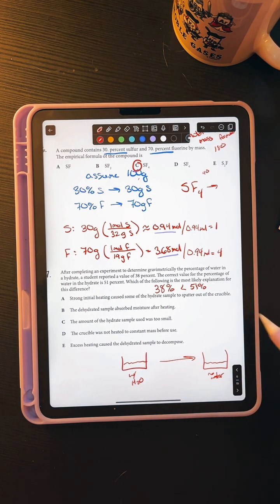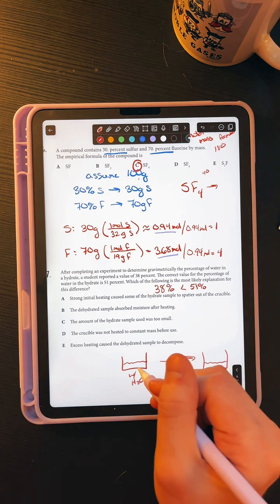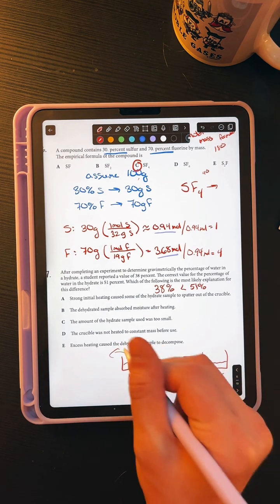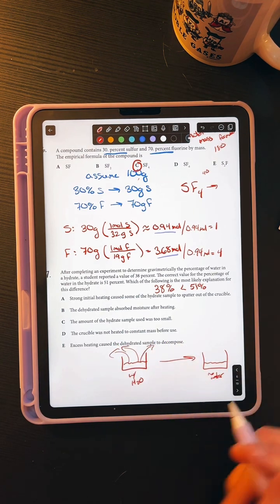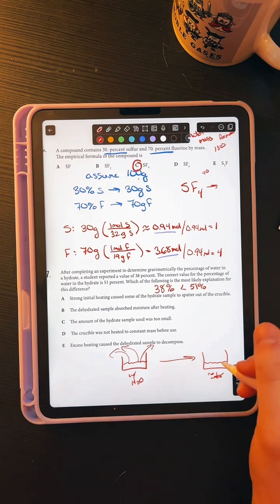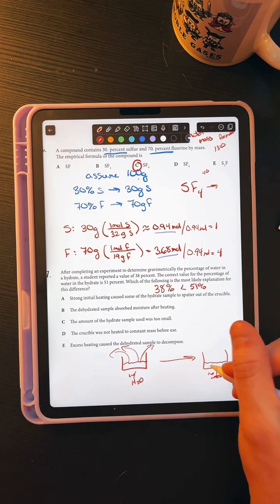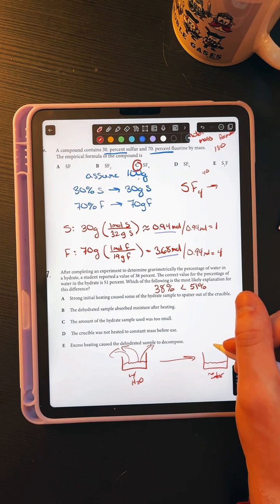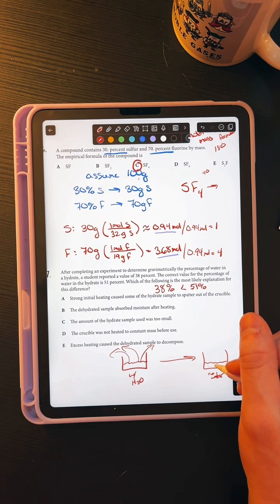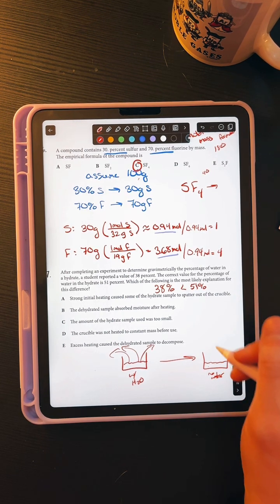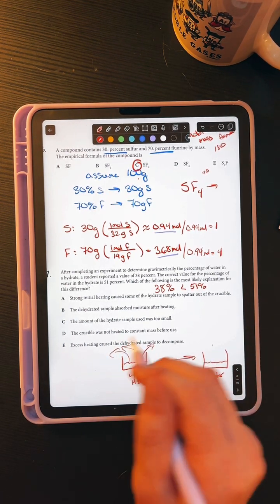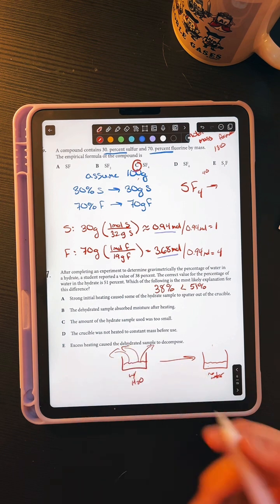If we heated it by a lot and some of this solution spat out of our crucible, the final weight without water would be much lower than it should be. So this would be artificially lower because we lost some from it being spattered out.